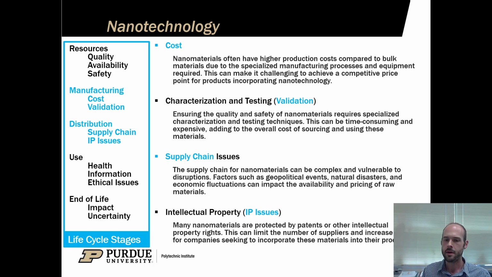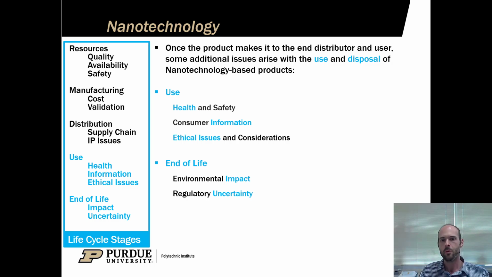And so protecting IP while dealing with supply chain concerns around geopolitical events and natural disasters can result in very limited quantities, which can again boost cost and lead to some other issues related to consumer access and ethical issues just in the use of the products in general.